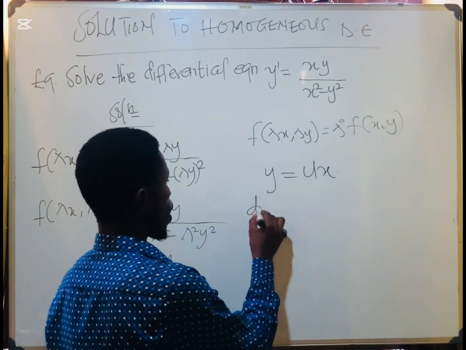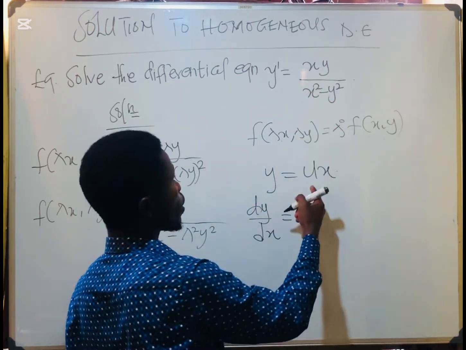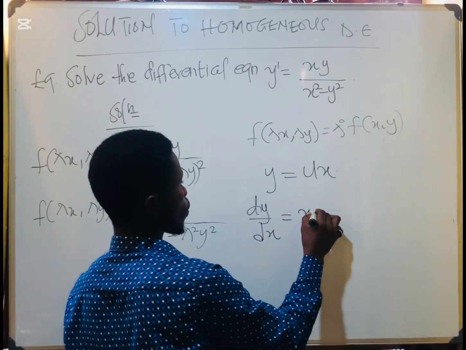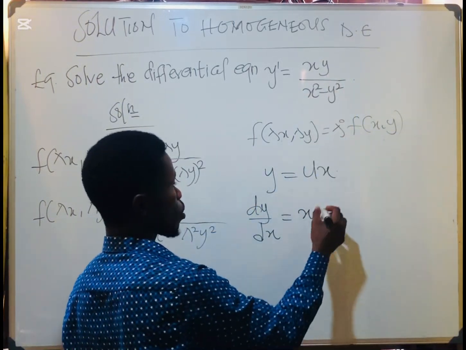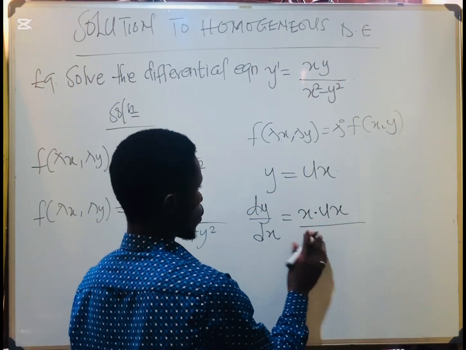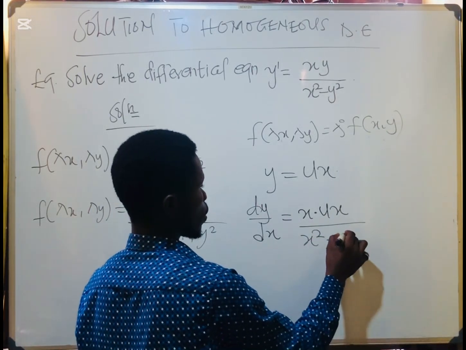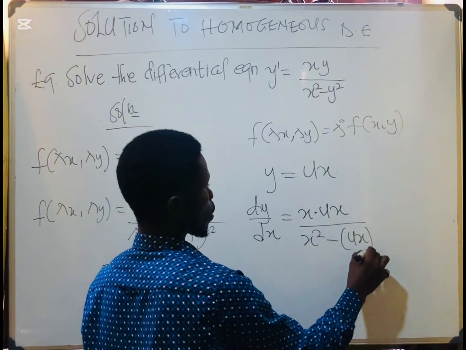So we have dy/dx equals, wherever I see y it is ux, so ux, all divided by x squared minus ux squared.